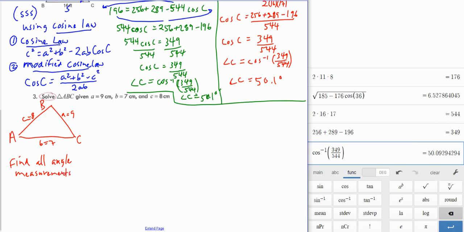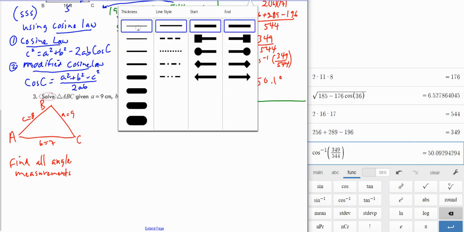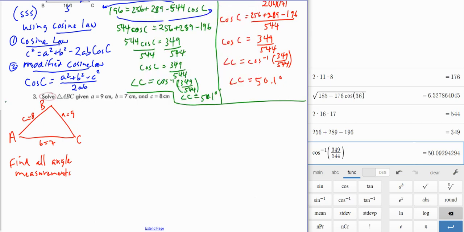All right, so we need plenty of space here. So what can we do? The first thing we're going to do is rely on cosine law because it is a side, side, side. So we're dealing with side, side, side. So step 1.